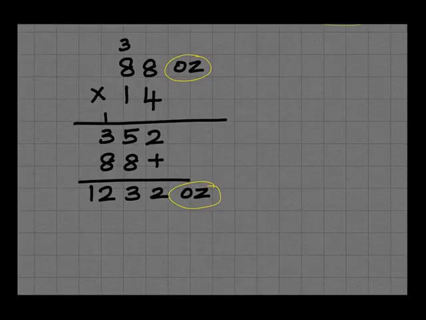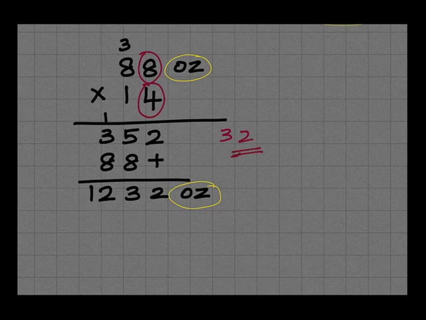Okay, so 88 times 14, how to multiply? 4 times 8 is 32. This 2 you have to write down here, and this 3 you have to write up there. The next step is 4 times 8 is 32, plus add the 3 which is on the top, so it becomes 35.